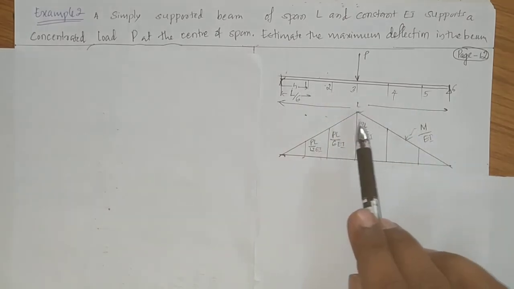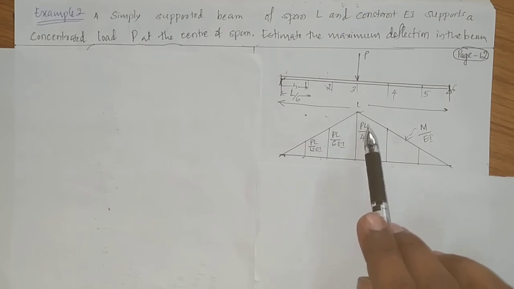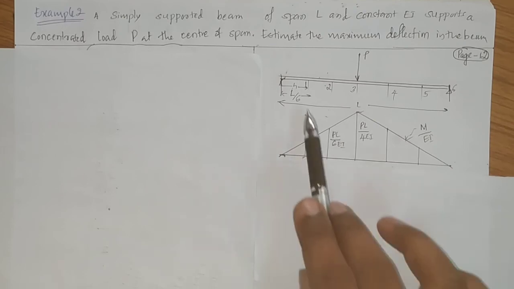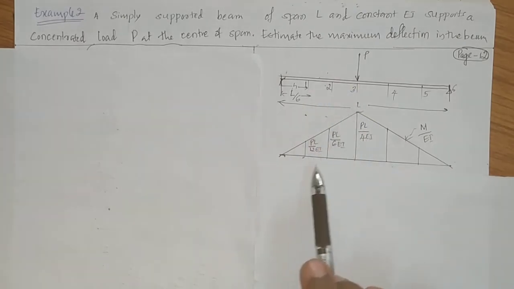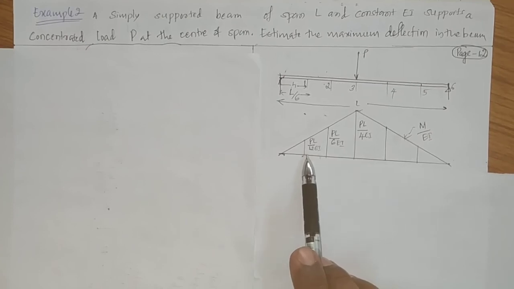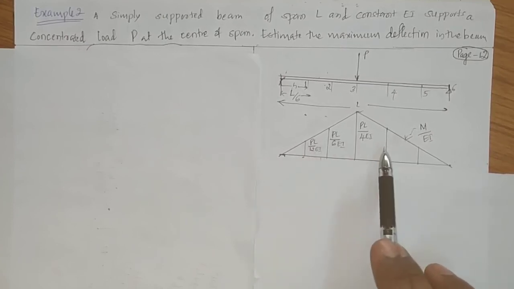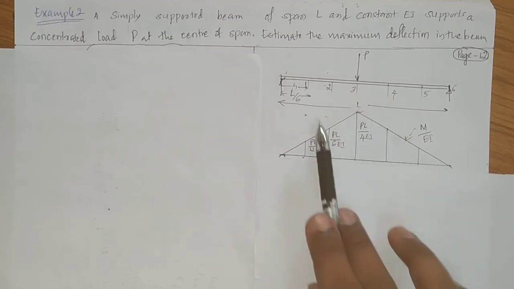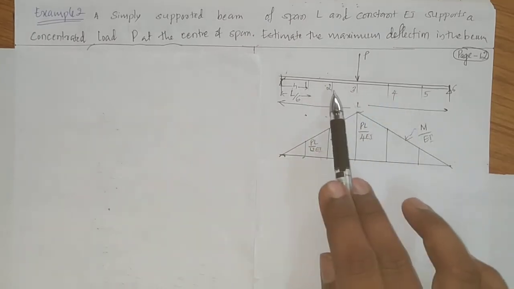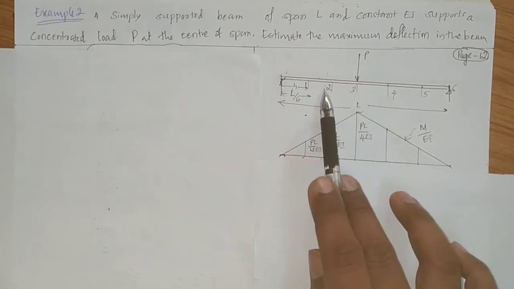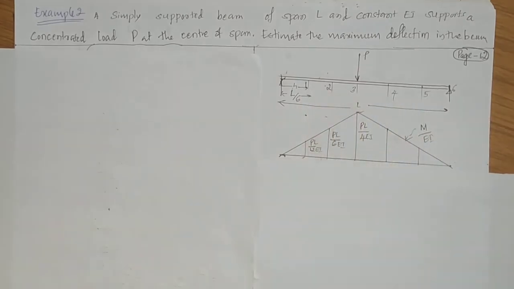Since at the center point the maximum bending moment is PL by 4 EI, by using similar triangles you can get the bending moment at point number 2 and point number 1, and they are equal on the other side. So M4 is equal to M2, M1 is equal to M5.